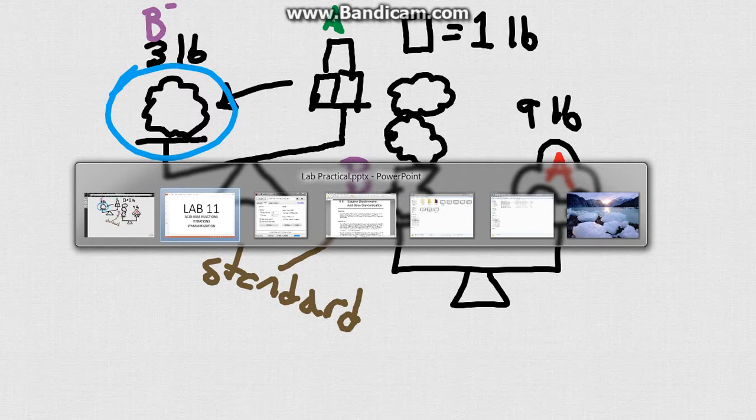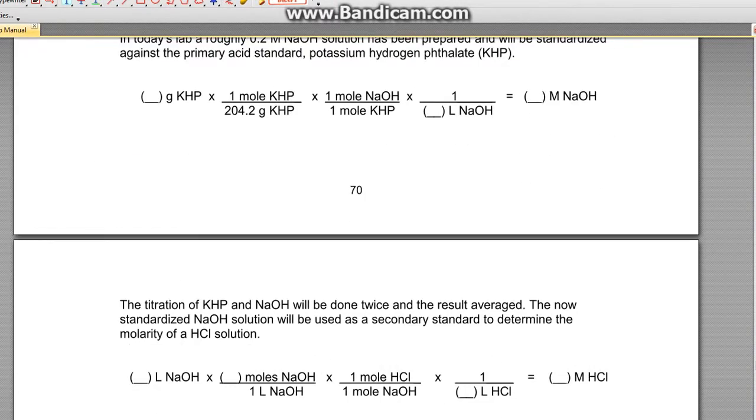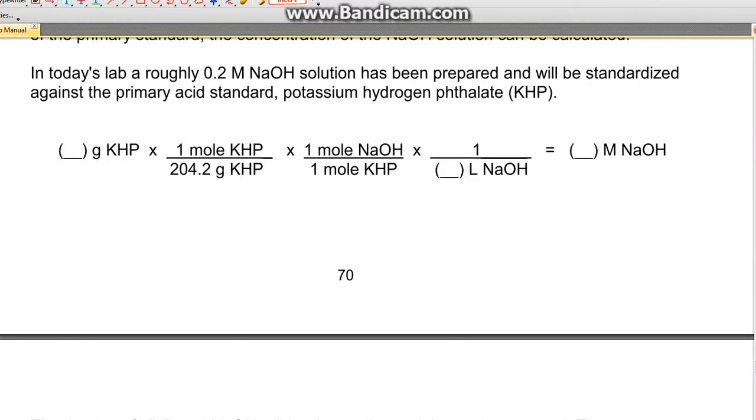So let's quickly walk through that again. So we've got right here a nice little equation that basically tells us what we have to do. Basically, we've got this acid of known concentration, which is going to be, we're going to weigh out this KHP.